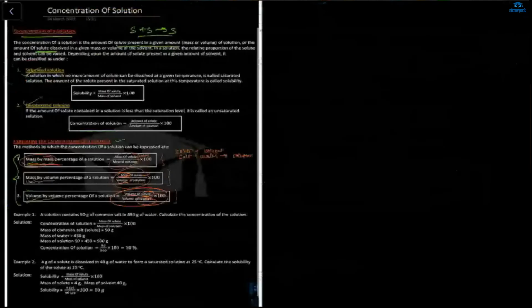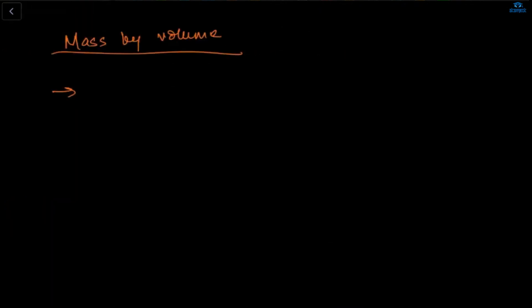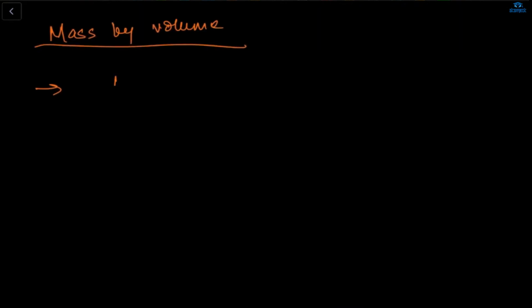Okay, now Shazan will tell me what is the formula of mass by volume. Ma'am, mass of solute upon volume of solution. Volume of? Volume of solution. Yes, very good, into 100.